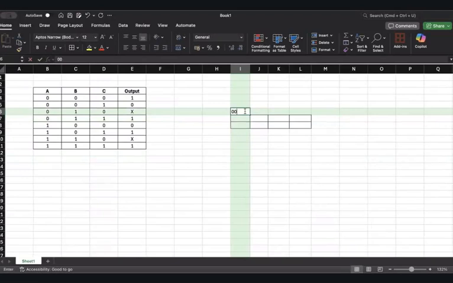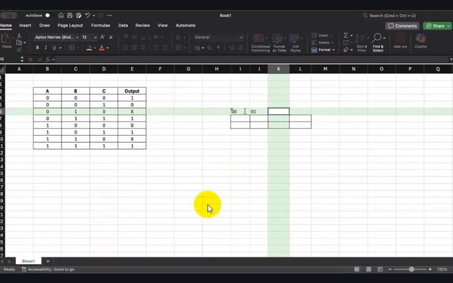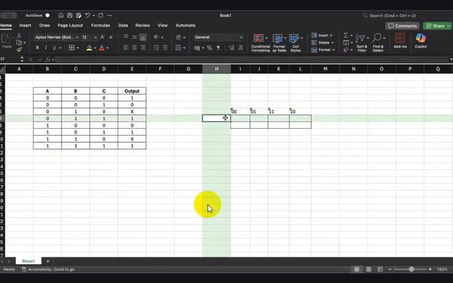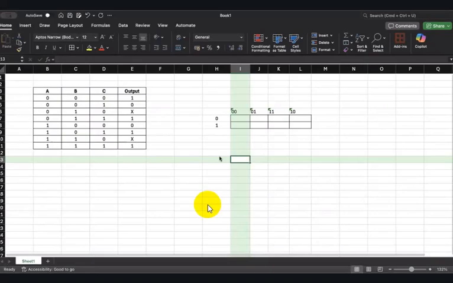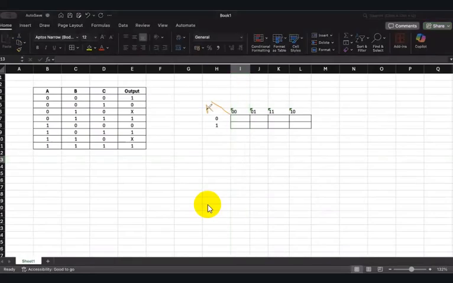So I'll just put up here 0, 0, 0, 1, 1, 1, 1, 0. And this will be your 0 and this will be your 1. So these are your factors maybe. So in my instance, this is going to be my A and these are my BC, right? This is B and C.